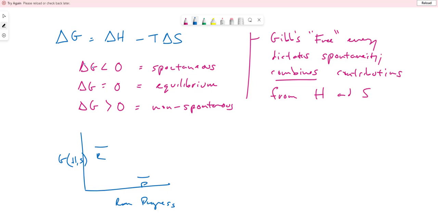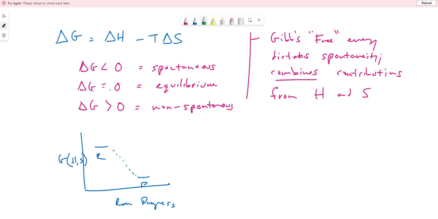And now, anytime there's a decrease in G from reactants to products, which would be marked graphically like we have here, then we'd consider that system spontaneous because there's an overall decrease in energy of the system, accounting for both types of energy in this case.